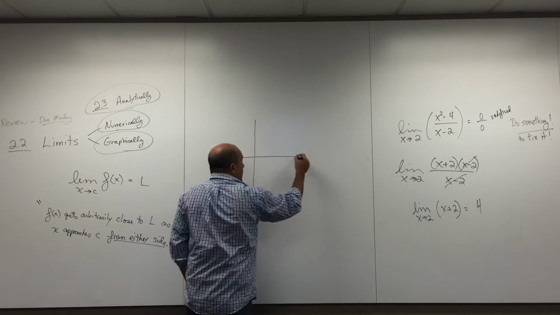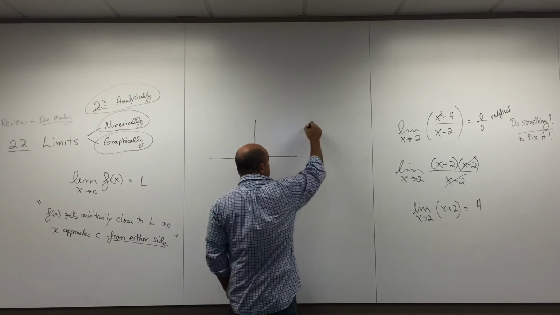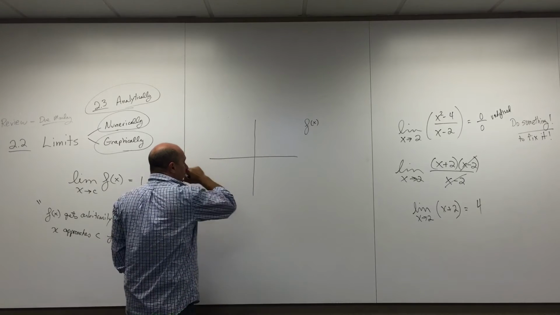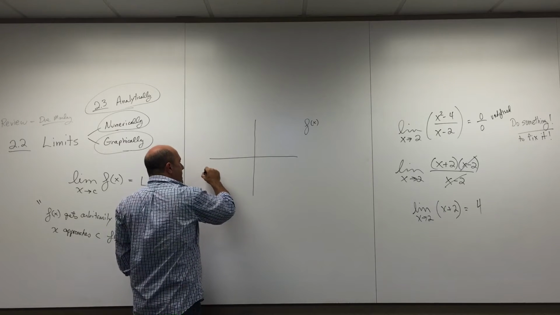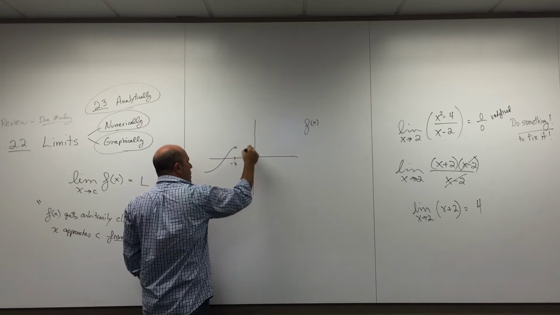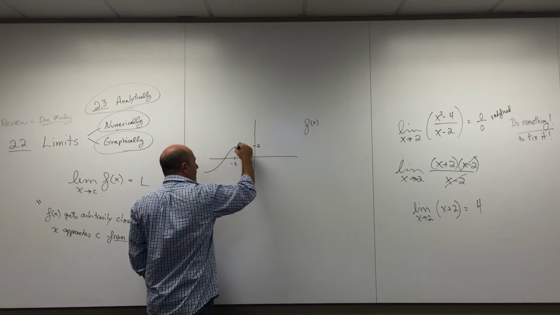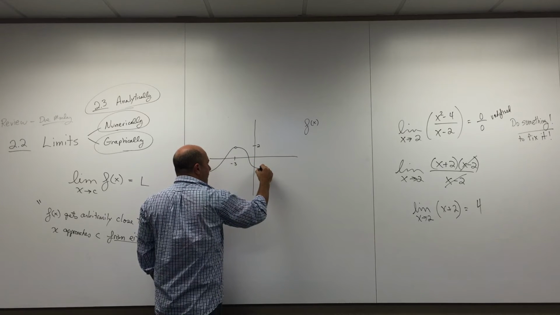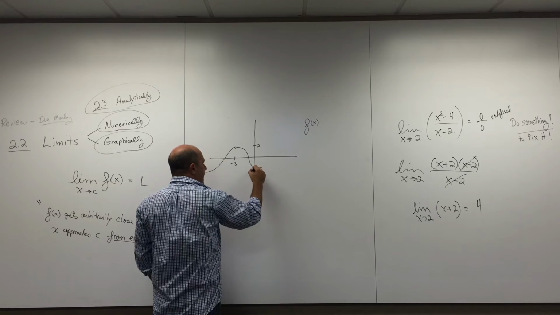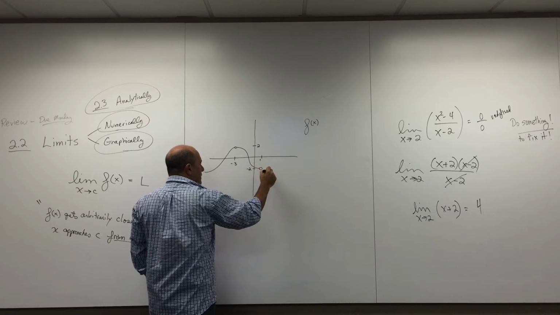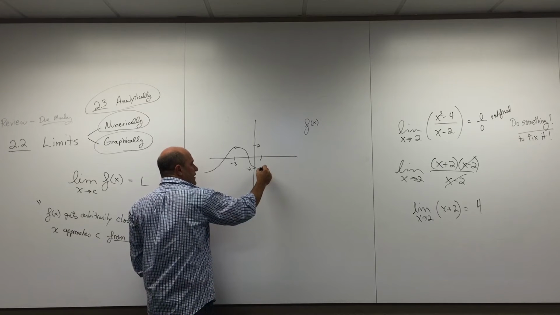So now I'm just going to give you a graph. I'm not even going to give you an equation. I'm going to give you a function. Here's a picture of some crazy function. Making a beautiful picture of a crazy function.